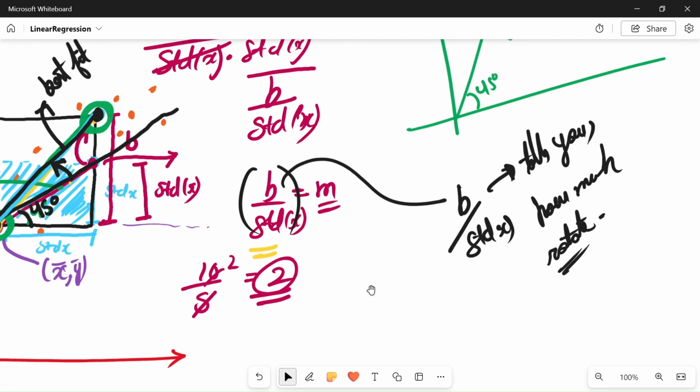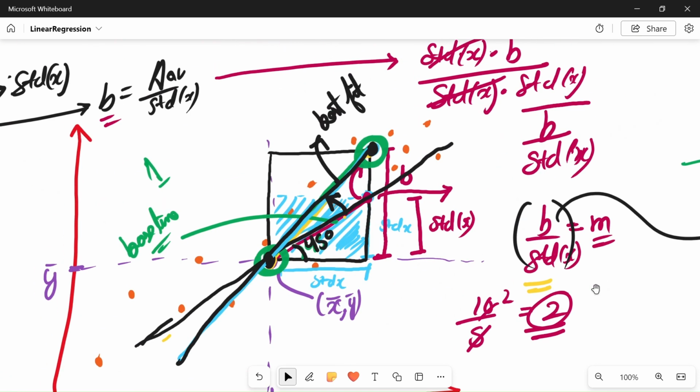It tells you how much rotation you need to perform from the baseline. The baseline is the 45-degree line, the tan 45-degree line. So how much rotation you have to perform from the standard line, the tan 45 line, to get to the best fit line. And after performing that rotation, congratulations, you have reached the line of best fit.